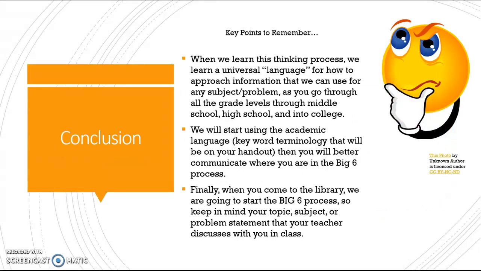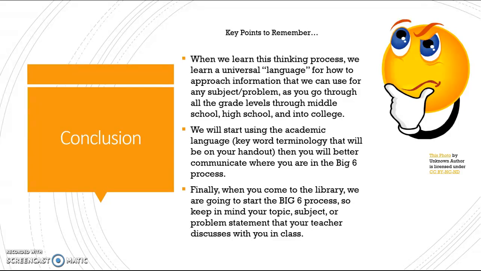Now, some key points to remember: when we learn this thinking process, we learn a universal language for how to approach information, that we can use for any subject or problem and take with you through all the grade levels, through elementary, middle school, high school, and into college. What I'm trying to teach you with this lesson, and your teacher is trying to teach you, are some skills that you will definitely need as you go through school, and you can use it to find information about anything you want.